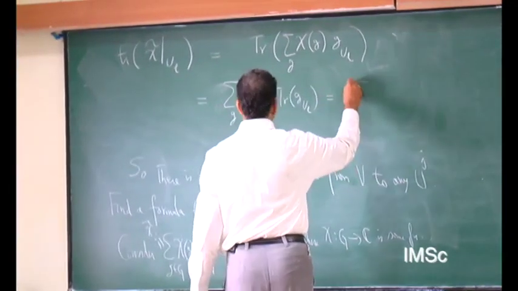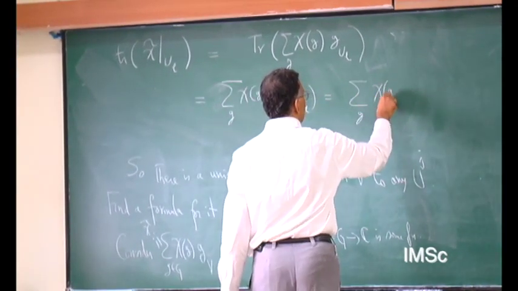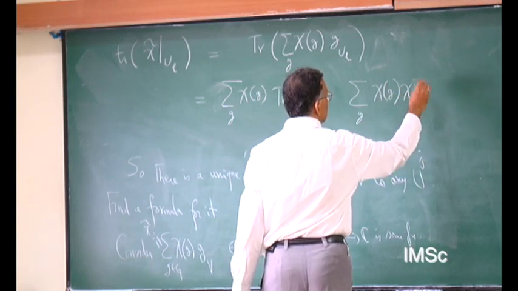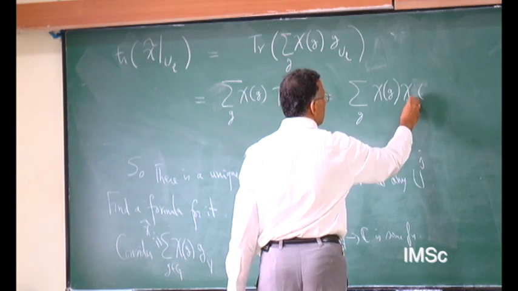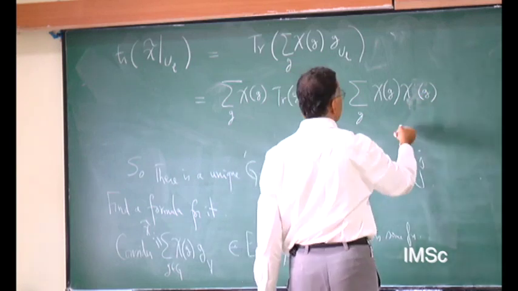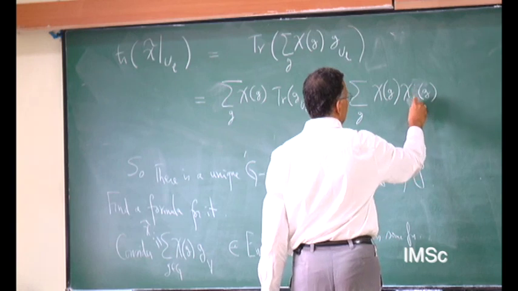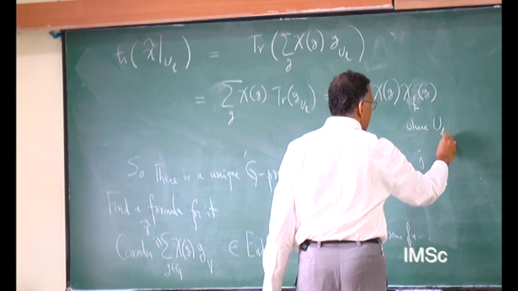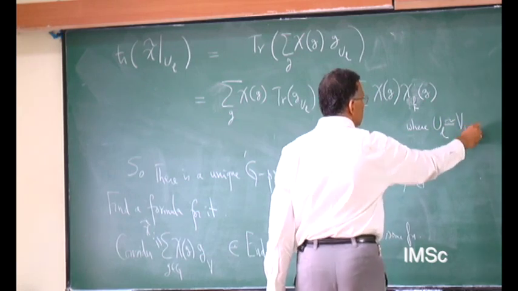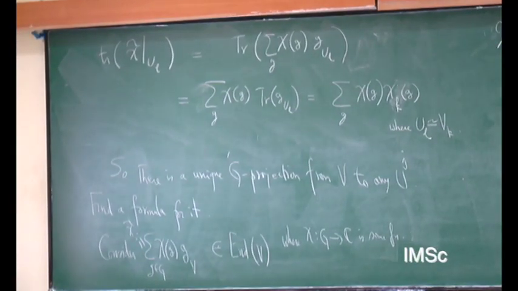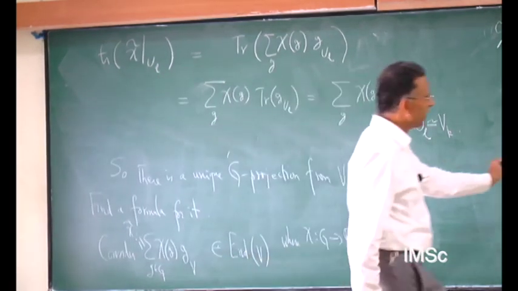So this is equal to chi(g) chi_{U_L}(g), let me say chi_K(g), where U_L is isomorphic to V sub K. I have fixed some arbitrary U_L.